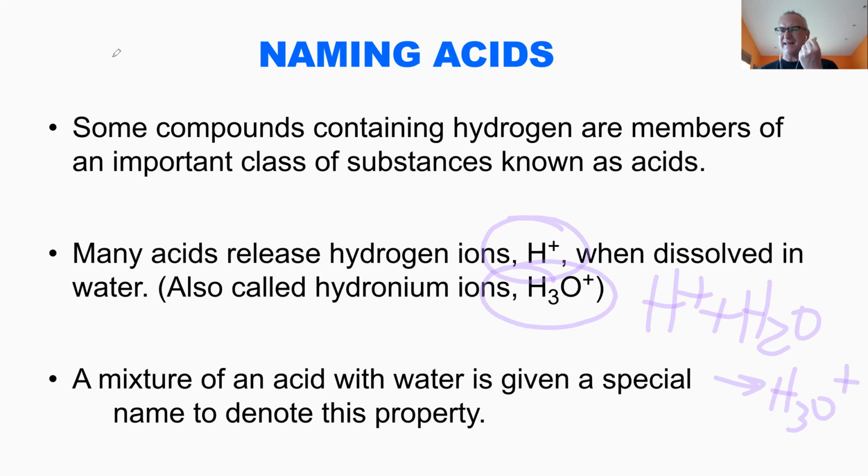And so they get that sharp, acidic taste. The pH goes down when you dissolve an acid in water, and the molar concentration of hydrogen ions, or protons, that's what they are, goes up. And so we name these particular things with a particular name when they're dissolved in water.